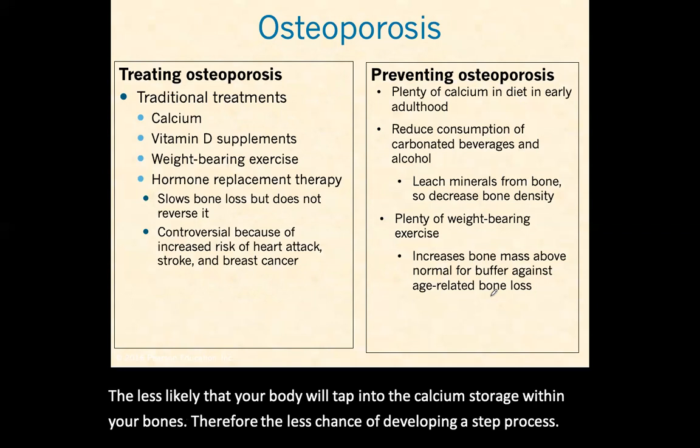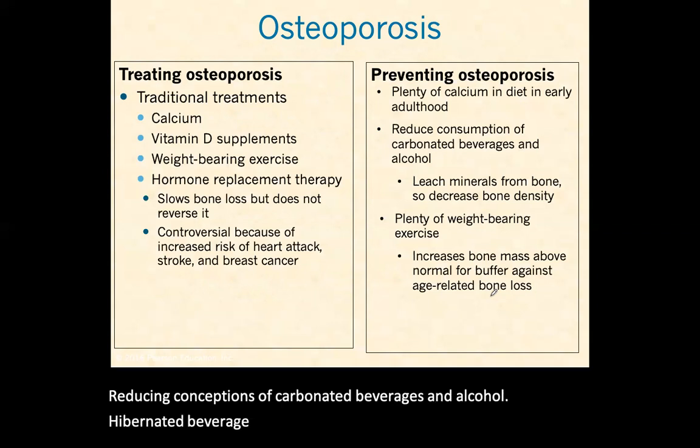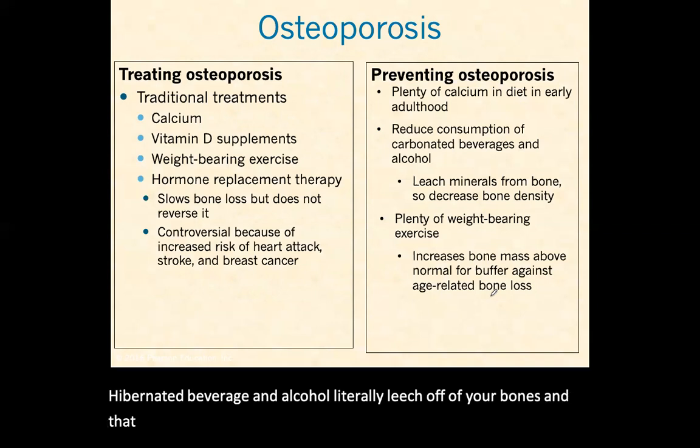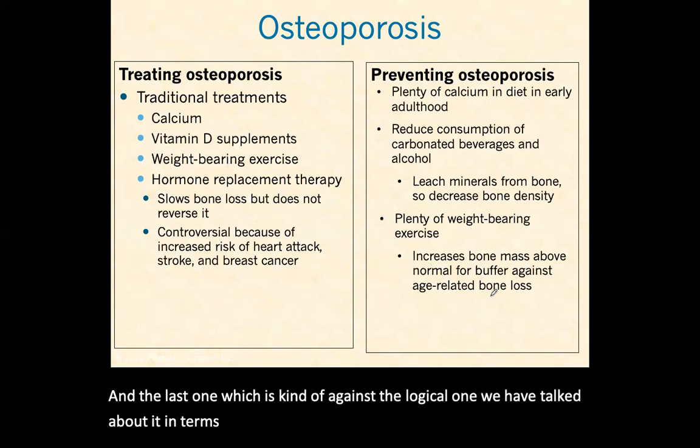Reduce consumption of carbonated beverages and alcohol. Carbonated beverages and alcohol literally leach off of your bones, and that also leads to a decrease in bone density. And the last one, which is again the logical one, we talked about it in terms of Wolff's Law earlier, is weight-bearing exercises.